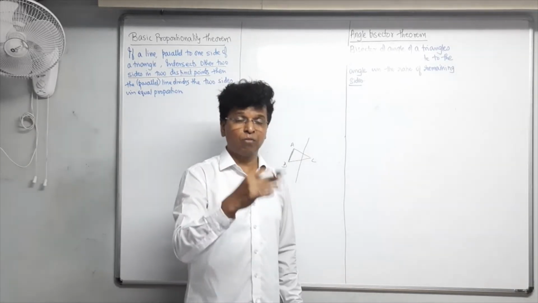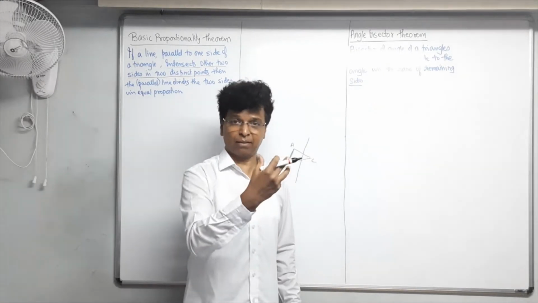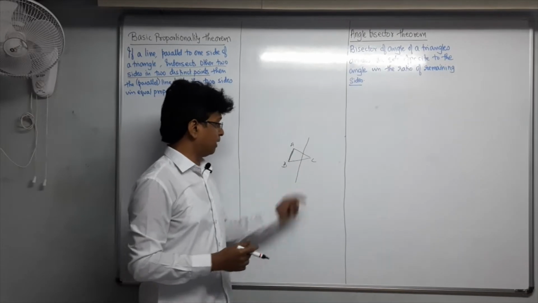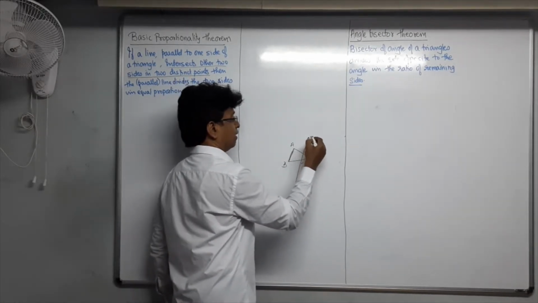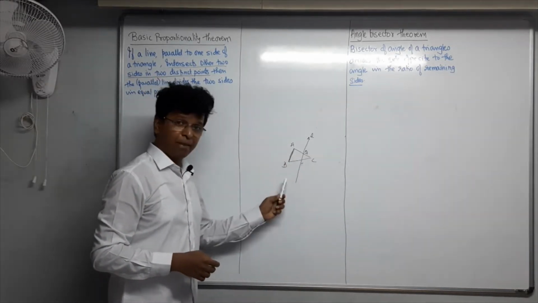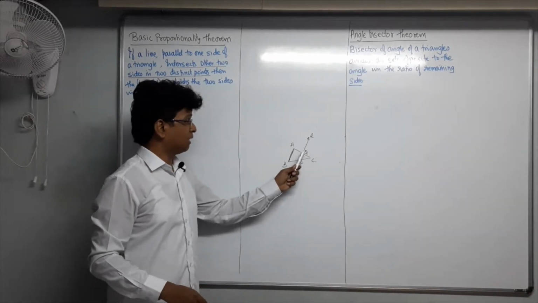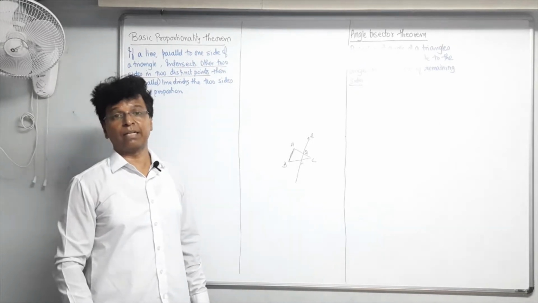When you are going to prove the theorem, this will come under the given. What will be coming under the given? That this line, whichever way you label it, supposing it is PQ, line L is parallel to AB and is cutting the other two sides, AC and BC, in Q and P respectively. This will be your given.